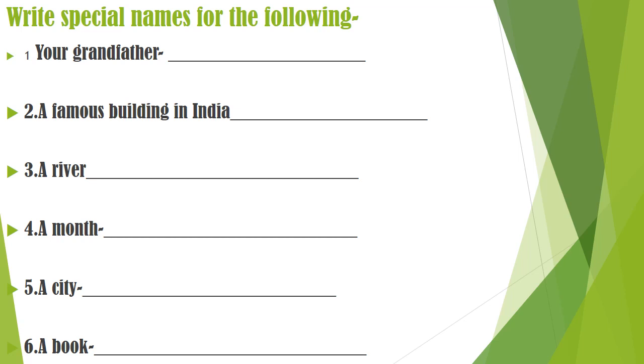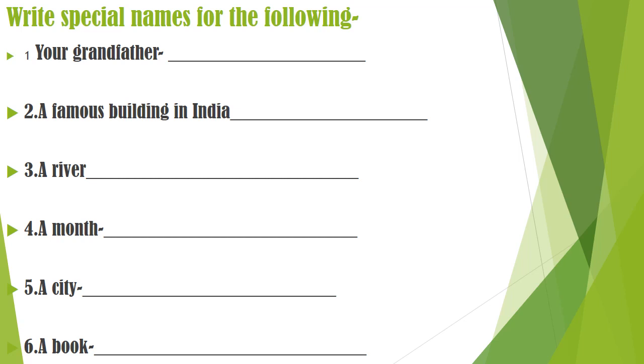Second one is a famous building in India. Famous building, for example, Taj Mahal, India Gate, Agra Fort. There are many. So write down any one name and don't forget to use the capital letter. As I told you that proper nouns always begin with a capital letter. Third one is a river, the name of a river, any one river. There are many rivers.